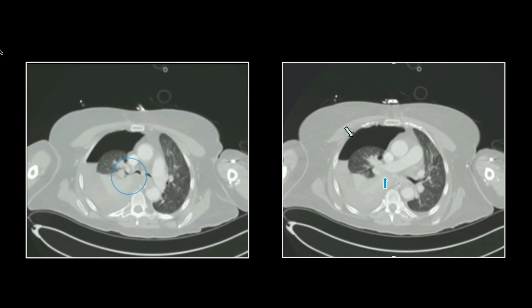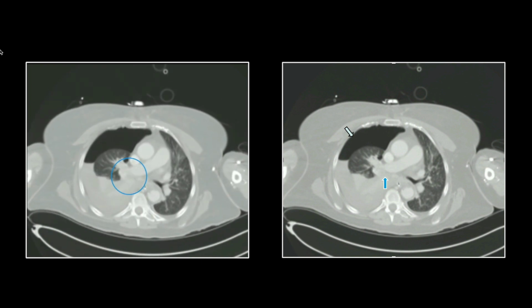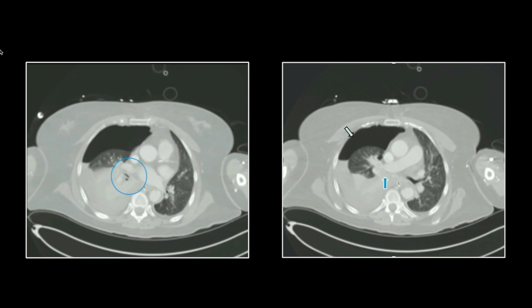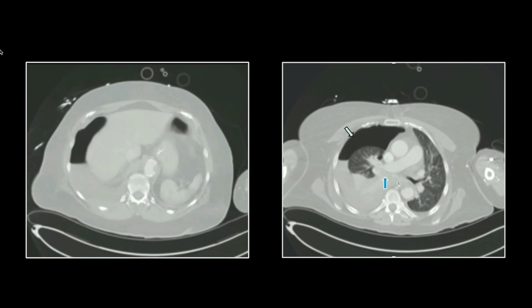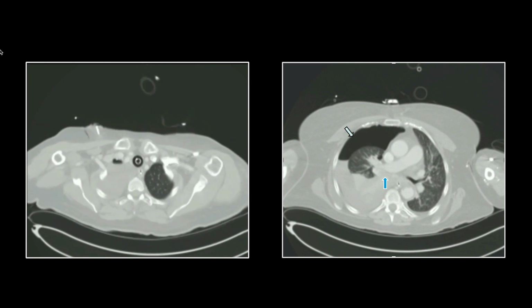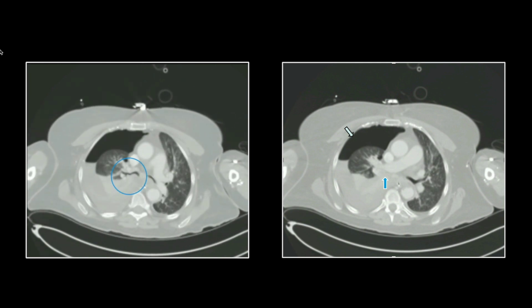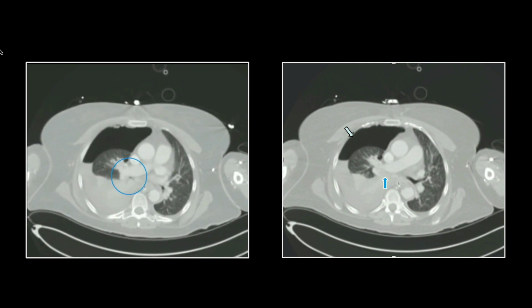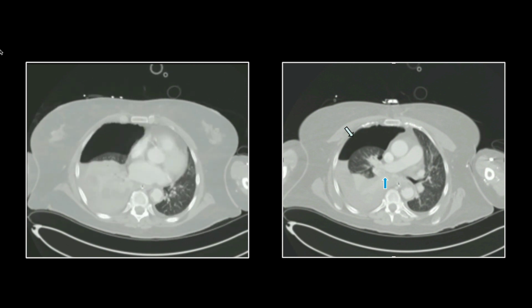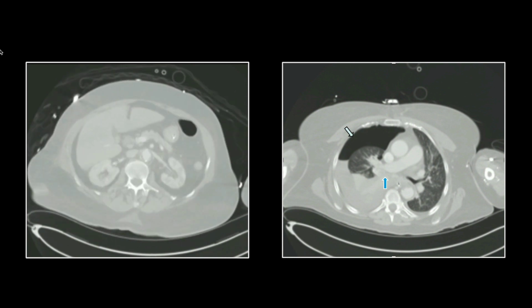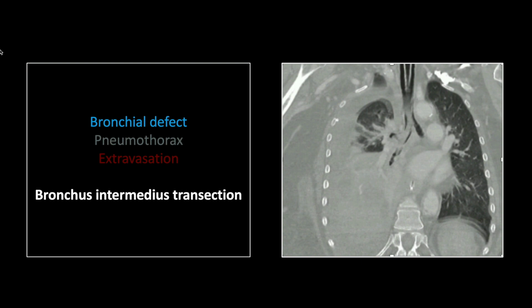In fact, if you note, the branching pattern lets you identify the atelectatic right middle and lower lobes. Let's look at that one more time. You can see the bronchus intermedius taper off and that branching pattern of right middle and lower lobe. Here on the coronal, you can much more clearly see the transection of the bronchus intermedius, again that disruption of the gas column.